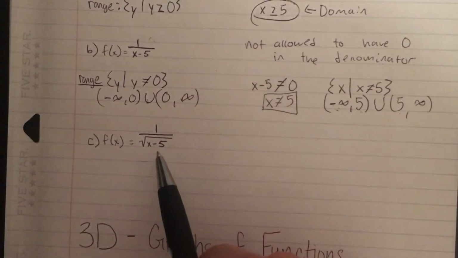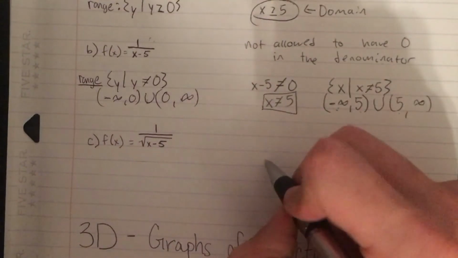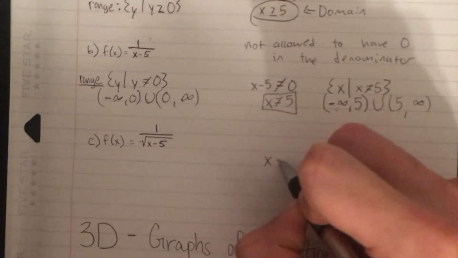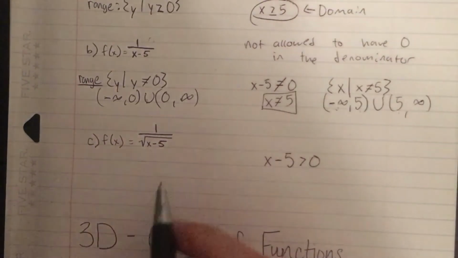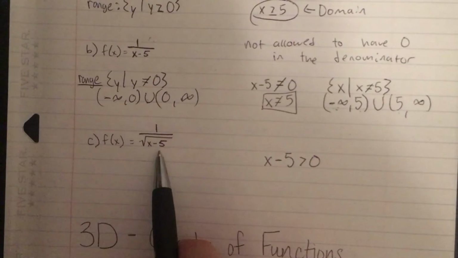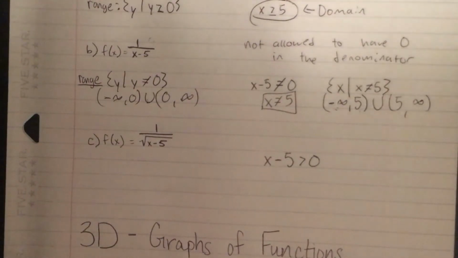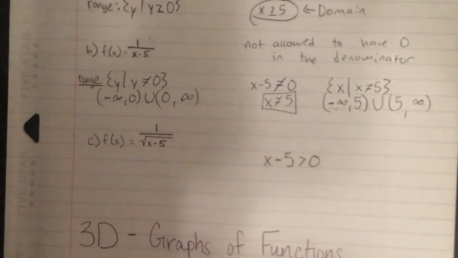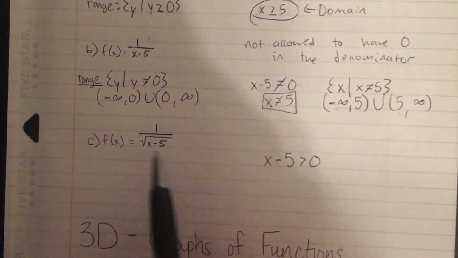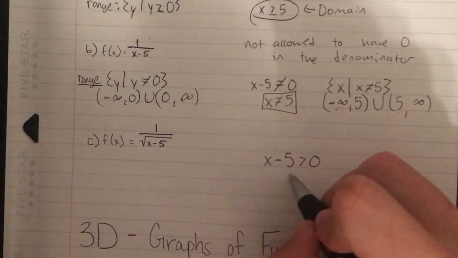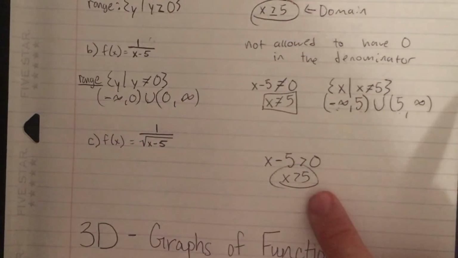We've got the square root of x minus 5, so again, we have to say that x minus 5 has to be greater than 0. We cannot have a negative number in this square root. Now, we can't say it's equal to 0 because if it were, we would get some kind of crazy division there. So we add that over and get that x has to be greater than 5.